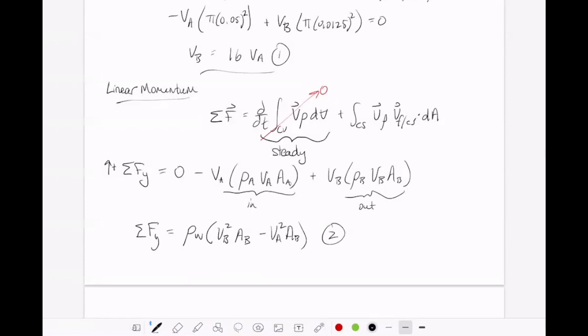So we have a second equation. So as it is right now, do we have enough information to solve?